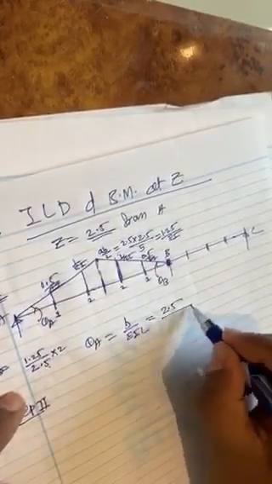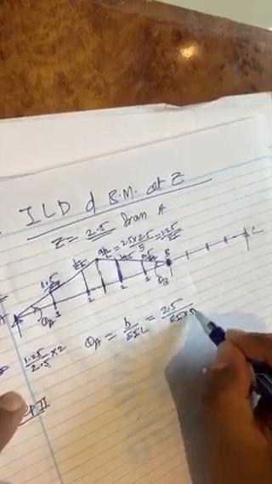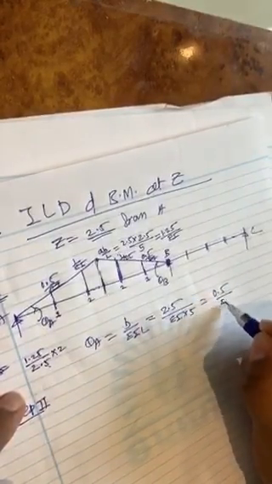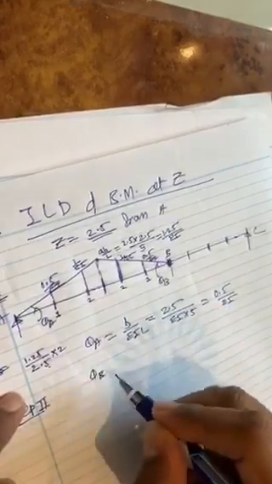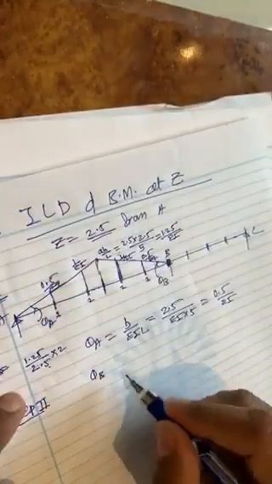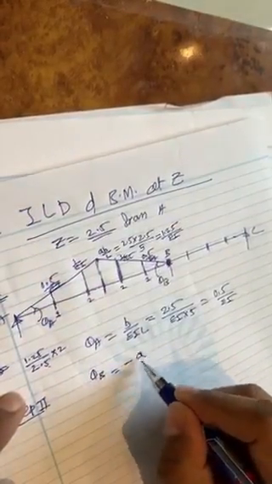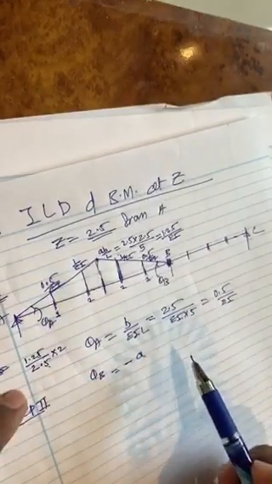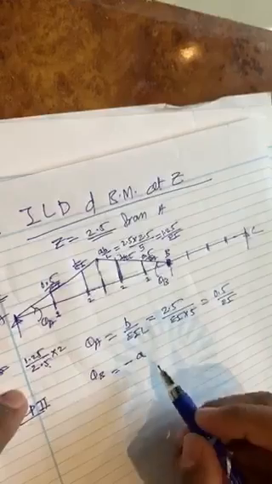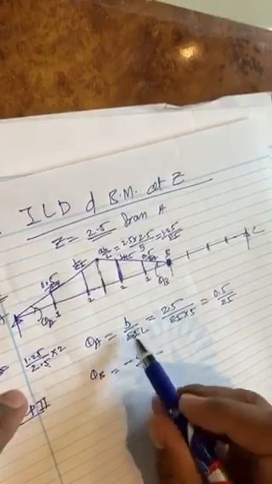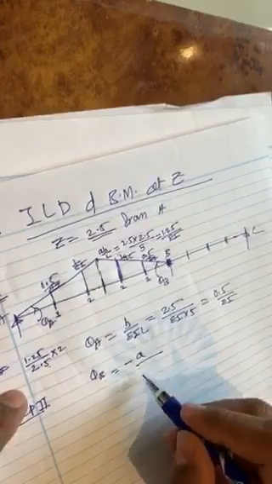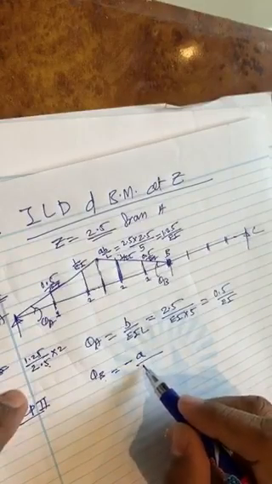So it will be 2.5 by EI by 5, so that will come as 0.5 by EI, whereas theta B will come negative because it is going clockwise, so it will be minus. As A and B are the same here, the answer will come the same. But if A and B are not the same, you will have to use, in case of theta A, A B by EIL, and in case of theta B it will be A by EIL.